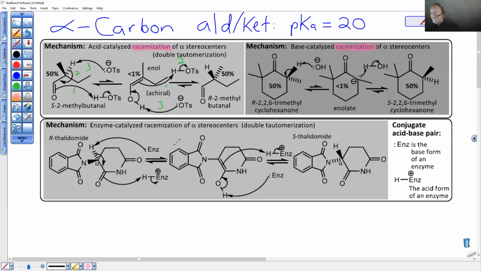And get used to these short forms as we progress through this course. We're leading towards biochemistry, which is just organic chemistry with biological molecules. You'll see the mechanism here is identical to the one above. This is the base form of the enzyme. This is the acid form of the enzyme.